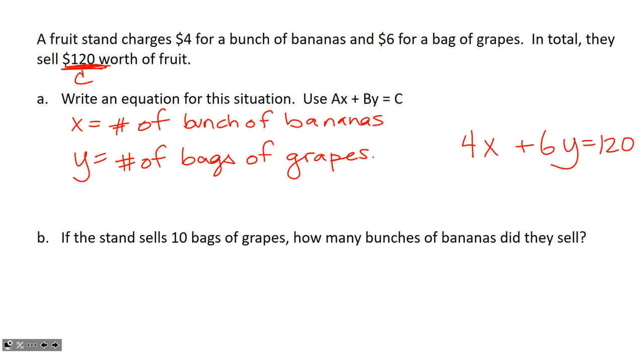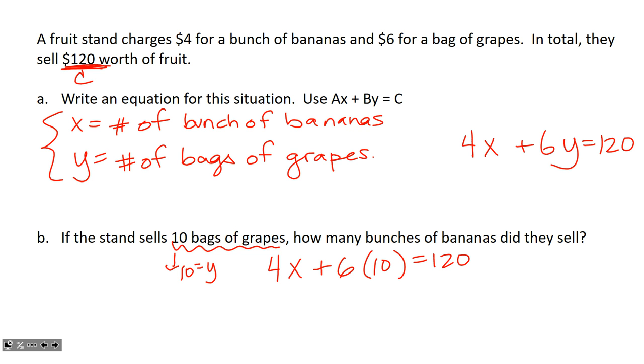So in part B, if the stand sells 10 bags of grapes, look at how you define your variables. y we use to represent the number of bags of grapes. So it's 4x plus 6 times y. You plug in this 10 for y. So 6 times 10 is equal to 120. And then we solve for x.